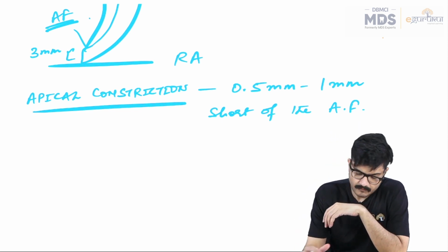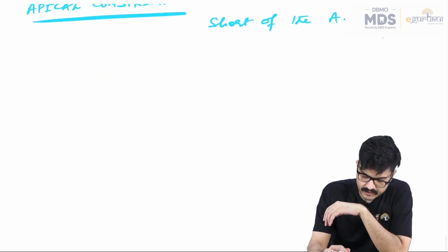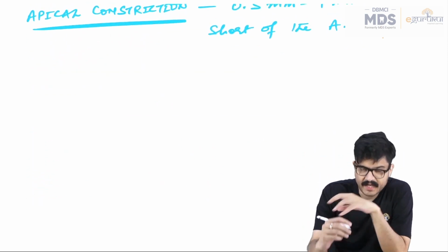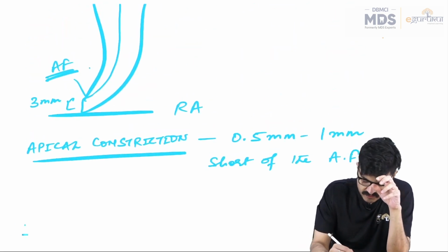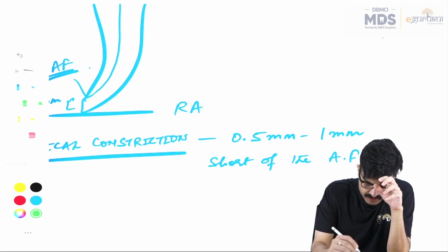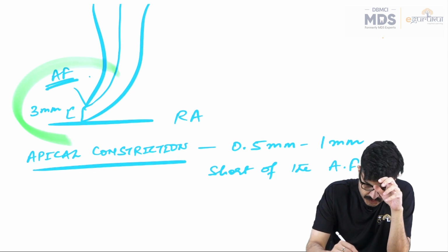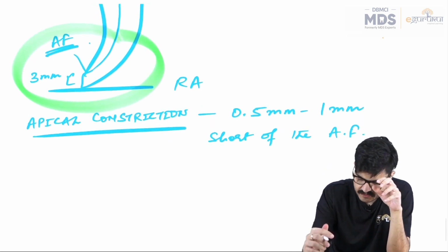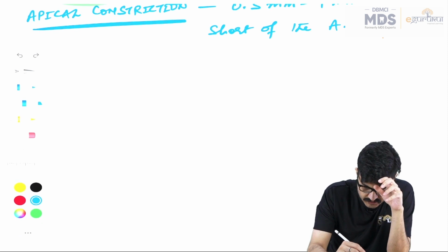Right? Now, what does this mean? Basically, let us enlarge this area of the apical anatomy here, and see this in detail. That's my apical part of my root canal system.